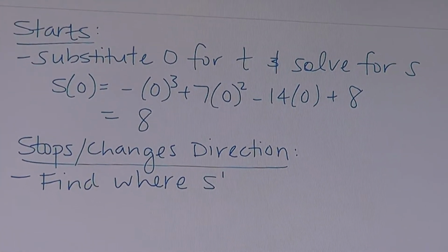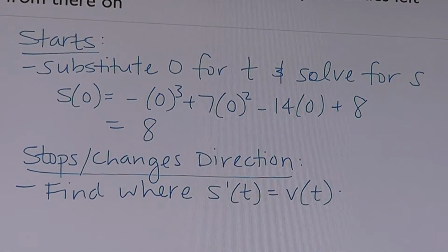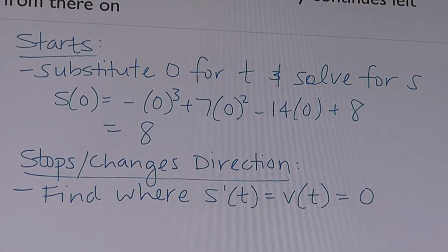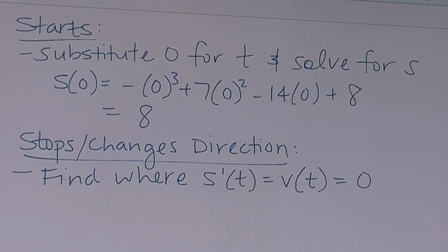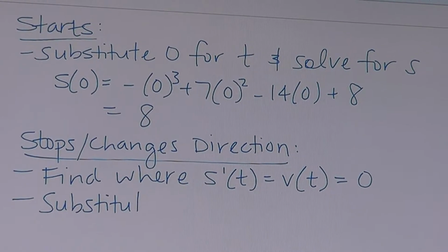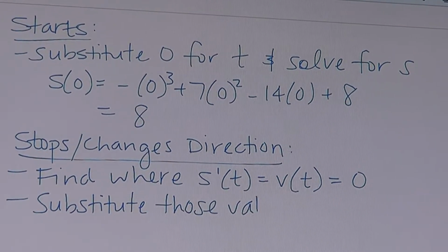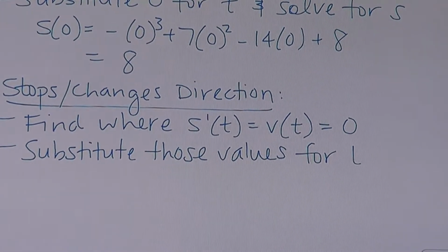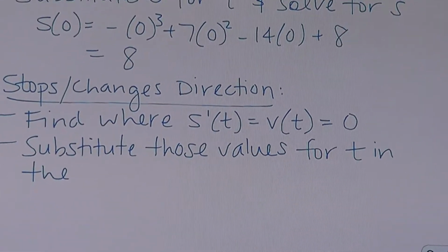So s prime of t, or in other words v of t, the velocity, equals 0, which we have already done in part C when we found where the particle is at rest, right? Then substitute those values for t in the original function.